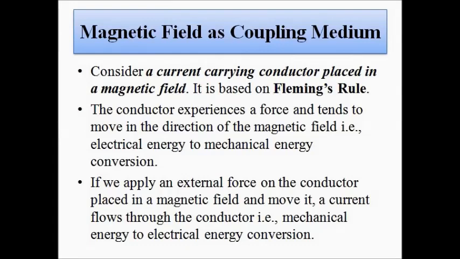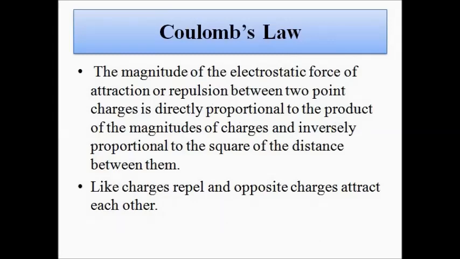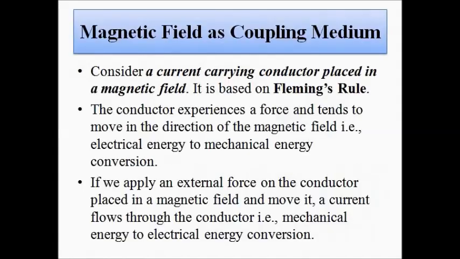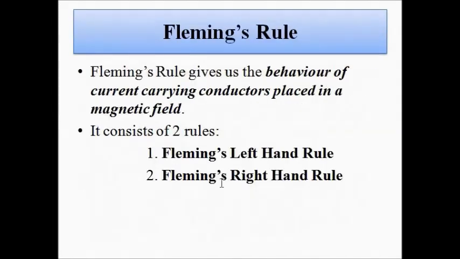In case of electrical field, the two principles followed are Coulomb's law and the principle of parallel plate capacitance. In case of magnetic field, it is Fleming's left hand and right hand rule that comes into play. In the next video, we'll discuss some more concepts related to electromechanical machines involving magnetic field as the coupling medium.